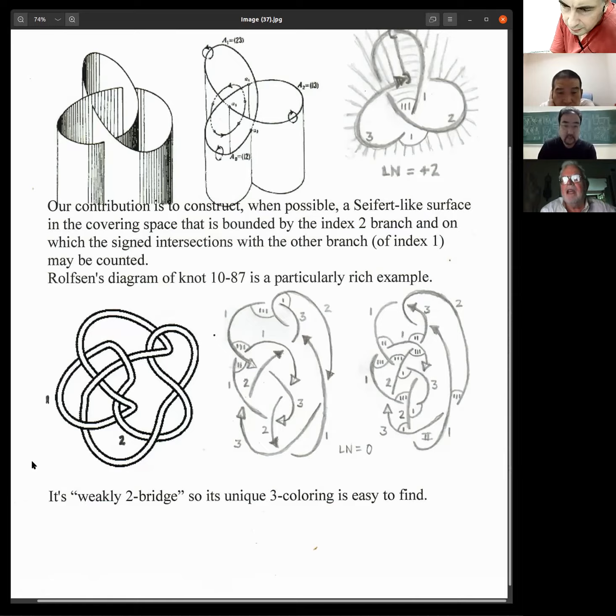I indicate with little letters, you can see them, the outermost left-hand side segment is one of those two. And the next one is the segment that it touches on its right, which is an inside segment. If you start with those two segments of the diagram and you label one of them 1 and the other one 2, you can then proceed around and fill in the 3 colors for the entire knot.